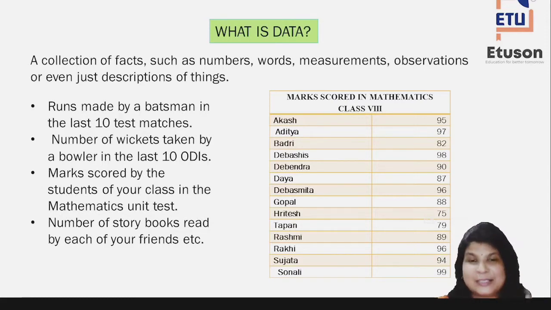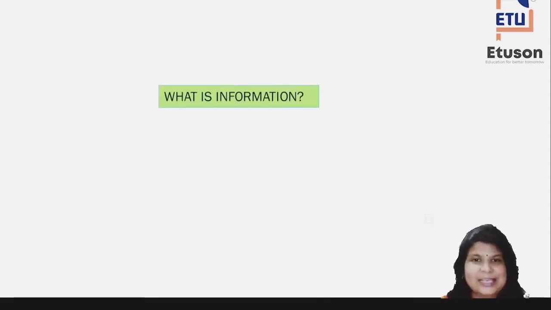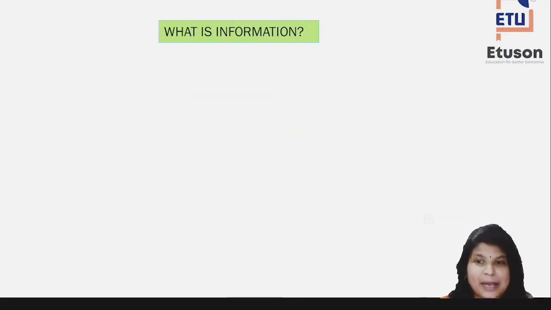All those things can be just collected or can be obtained just by arranging the data in a sequence. Correct or not?